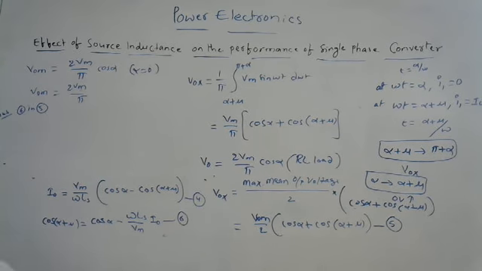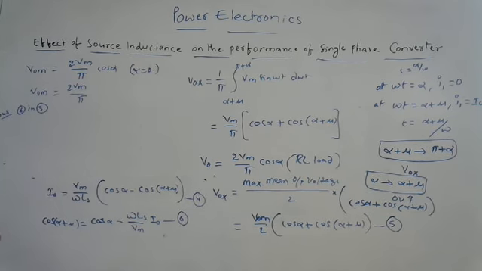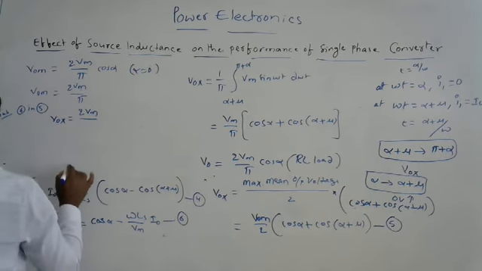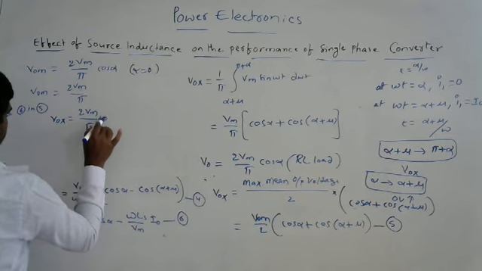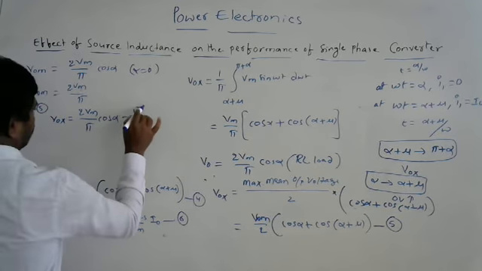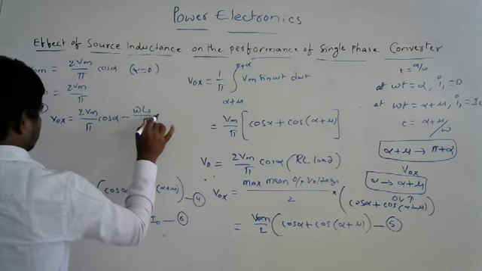You just replace this V0m with the total one. After that, we are getting V naught x equal to 2Vm upon pi cos alpha minus omega Ls upon pi I naught.